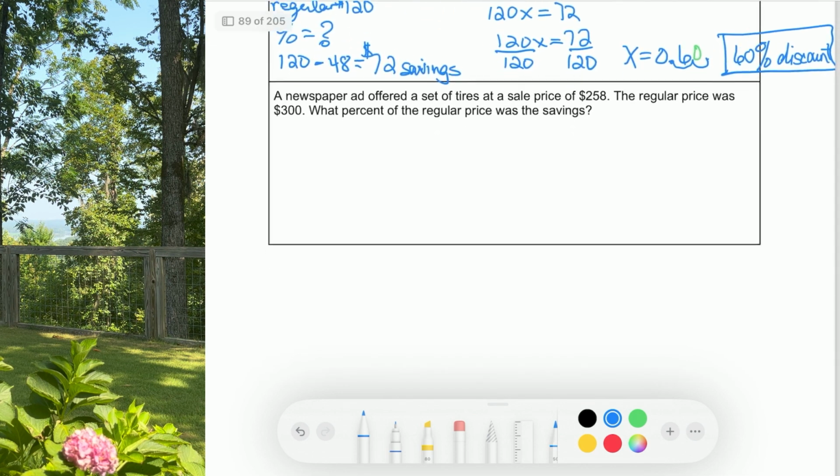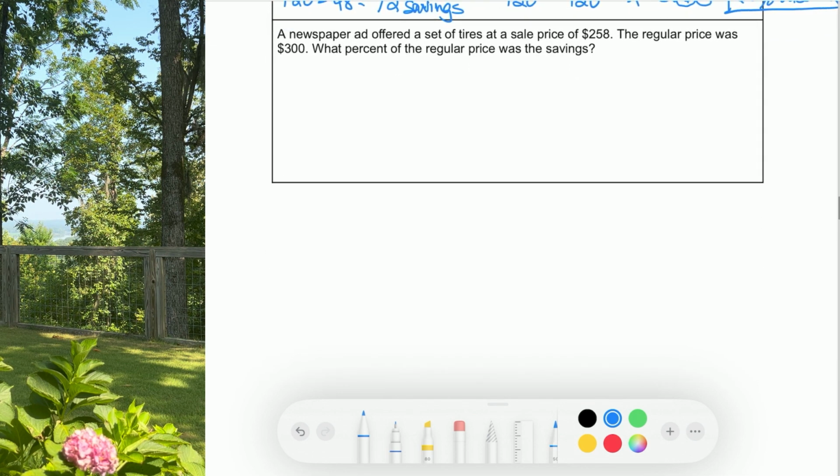Okay, let's do another one like that so I can show you again just the steps. A newspaper ad offered a set of tires at a sale price of $258. So our sale was $258. The regular price was $300.